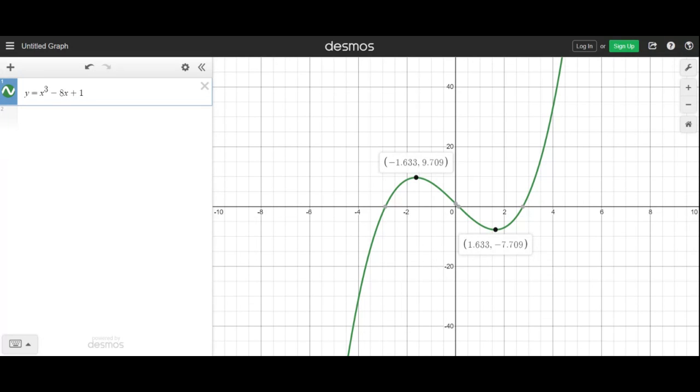Again, we would call that a local min. And if they only wanted the minimum value, then we would just use the y value. So our minimum value this time would be negative 7.709.